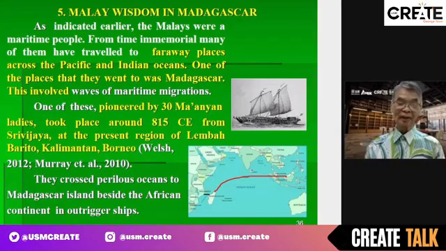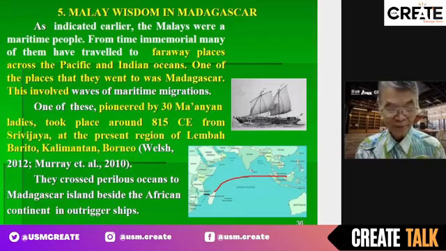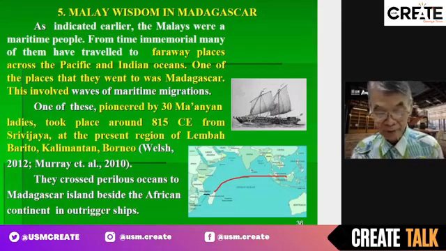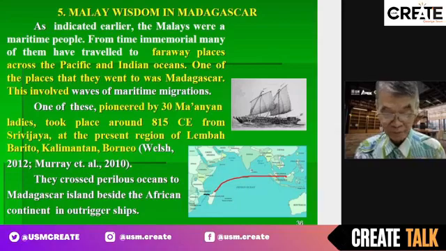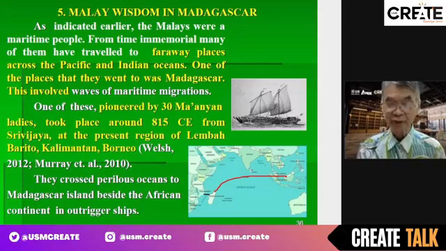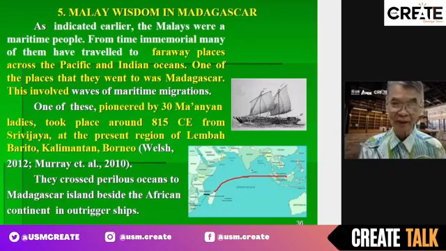As indicated earlier, the Malays were a maritime people. From time immemorial, many of them have traveled to faraway places across the Pacific and the Indian Oceans. Obviously, the first event was the flood, the Great Flood. They had to flee. What more with the events in Sumatra, that is the volcanic eruptions.